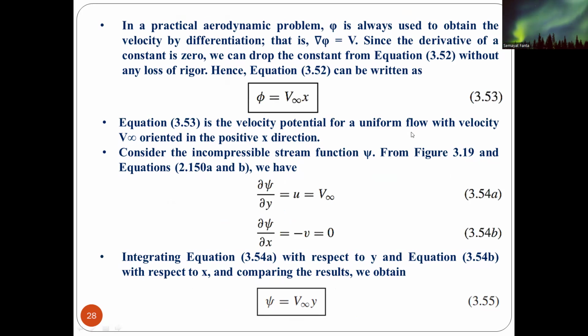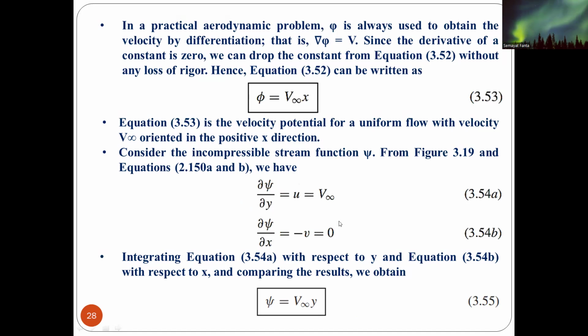So this equation indicates the velocity potential for uniform flow with velocity V oriented in the positive x direction. Let's also consider the stream function psi. d psi dy is equal to u, which is equal to V infinity, and d psi dx is equal to minus v, which is 0.